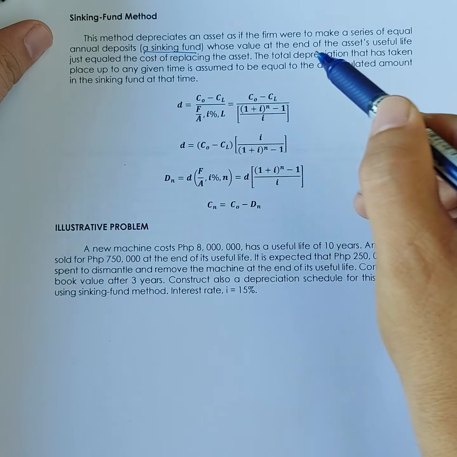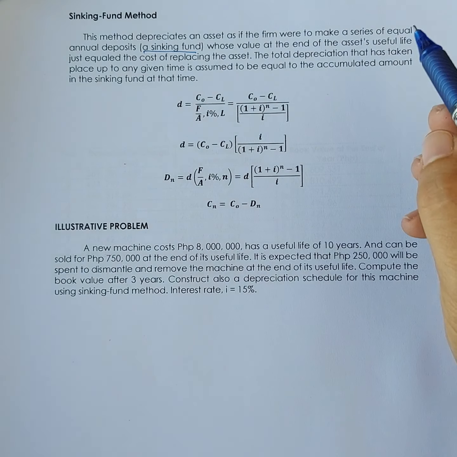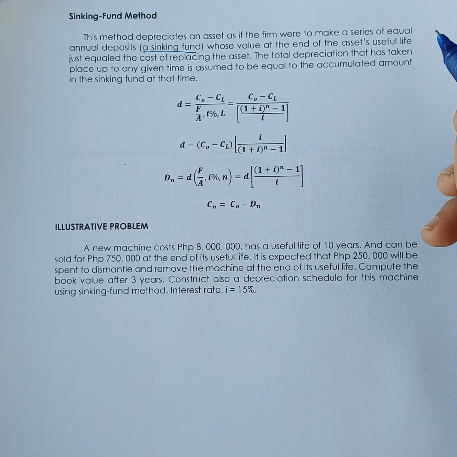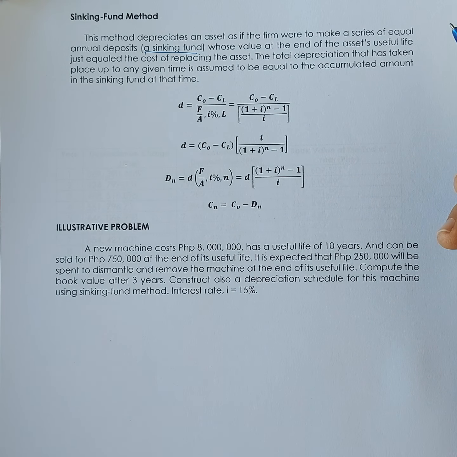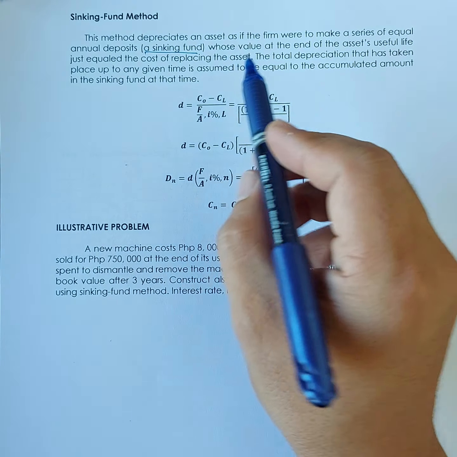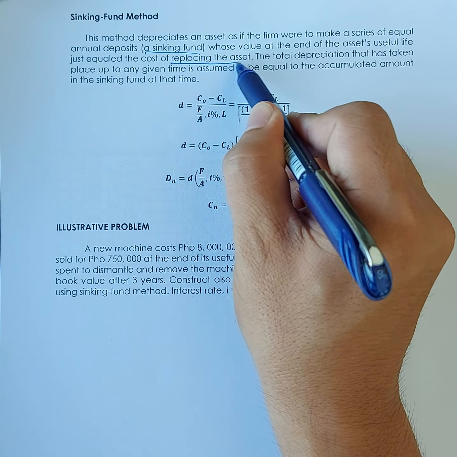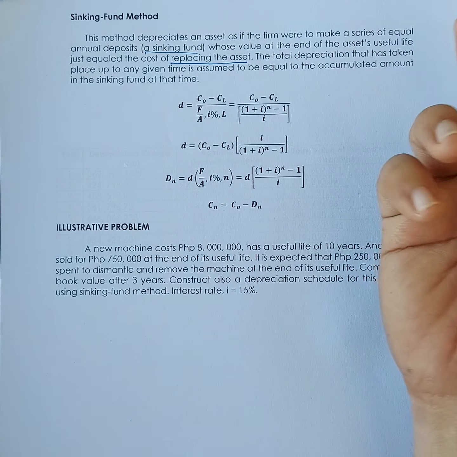Okay, so take note, medyo mas ma-advantageous itong sinking fund method because you are actually parang binabawi mo yun. So at the end of the useful life niya, mayroon ka ulit magagamit, although it would be the same amount naman, equal sa cost of replacing the asset. Okay, that would be the basis of the depreciation, no?